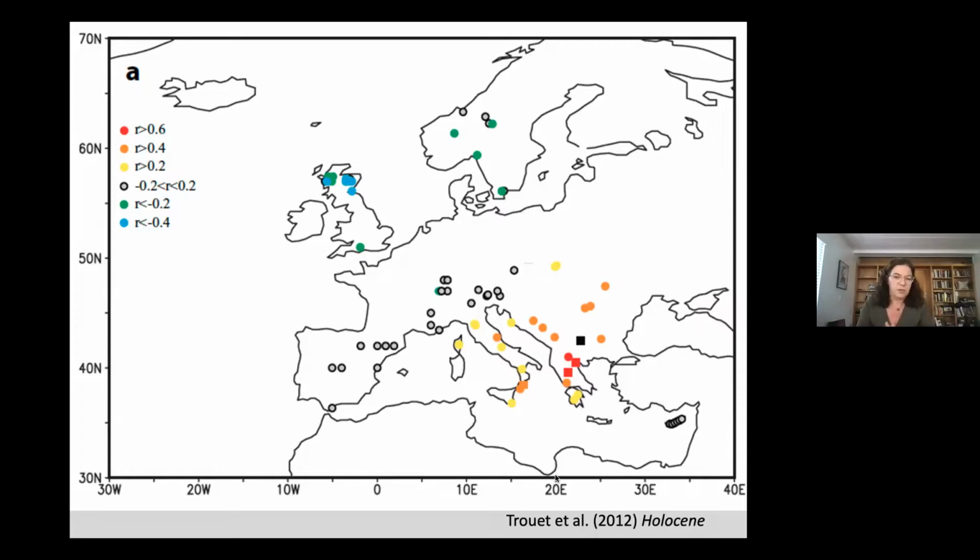You expect a tree ring chronology from the Balkans, from a certain pine species, to be positively correlated with other temperature reconstructions, other tree ring chronologies in its vicinity, and for that correlation to weaken as you are geographically more removed from the site. So these weak correlations in Central Europe, we expected as well. What I didn't expect, though, was to find these statistically significant negative correlations with temperature reconstructions in the British Isles and in Scandinavia and Northwestern Europe.